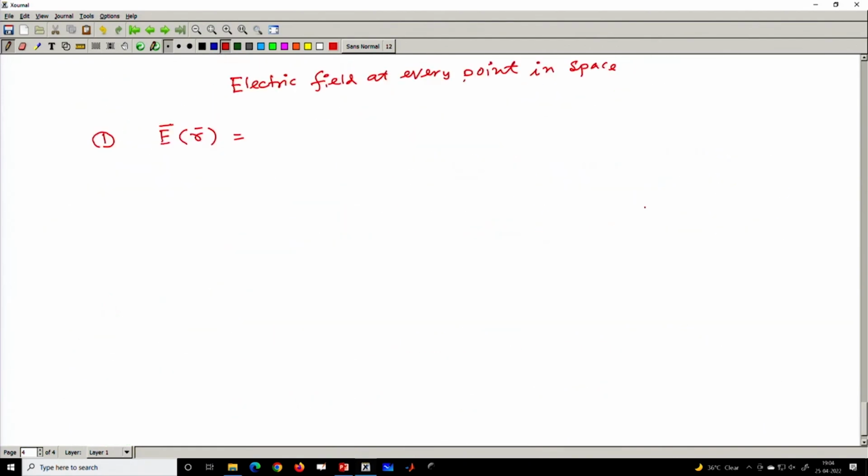I simply write it in terms of the Heaviside function: E R as a function of r multiplied by the Heaviside function of z, so there is no E R on the left hand side, plus E L multiplied by the Heaviside function of minus z.